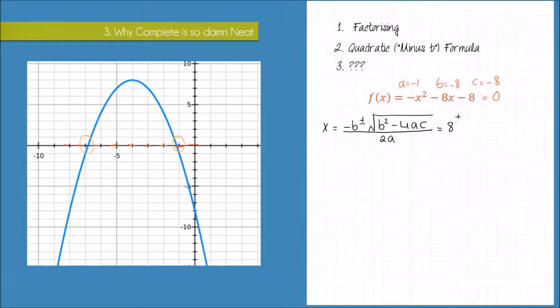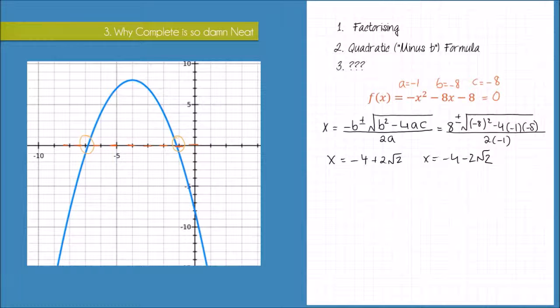So we have 8 plus or minus the square root of (-8) squared minus 4 by -1 by -8, all over 2 by -1. If I sub that into my calculator for both the plus and the minus, I'll get the following two answers. x is equal to -4 plus 2 root 2, and x is equal to -4 minus 2 root 2. Okay, so that's how we use our usual method.